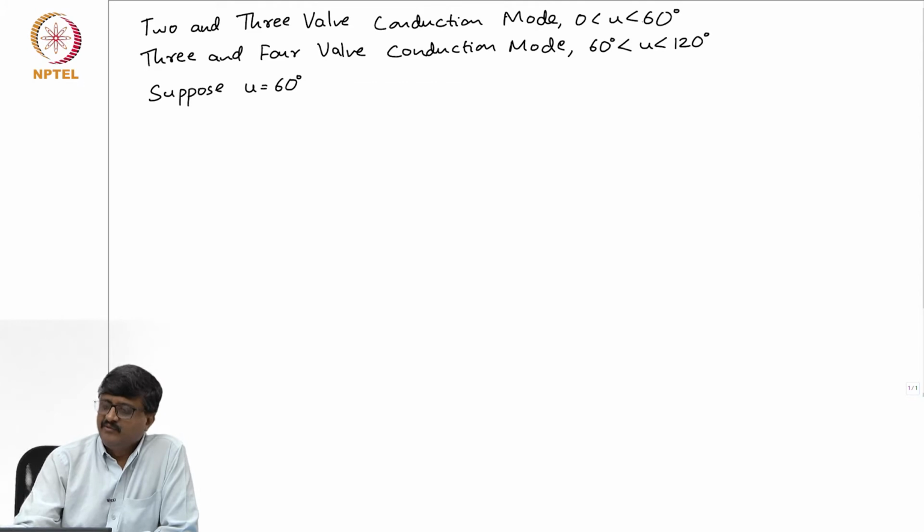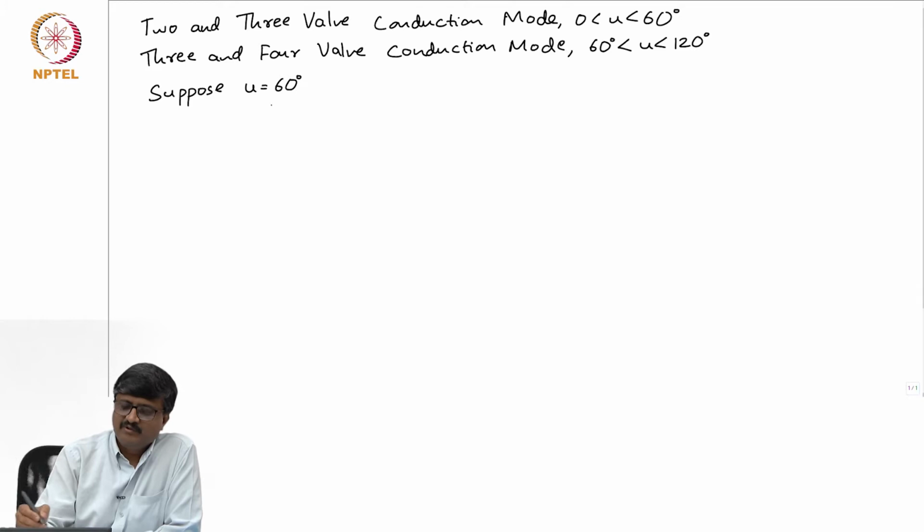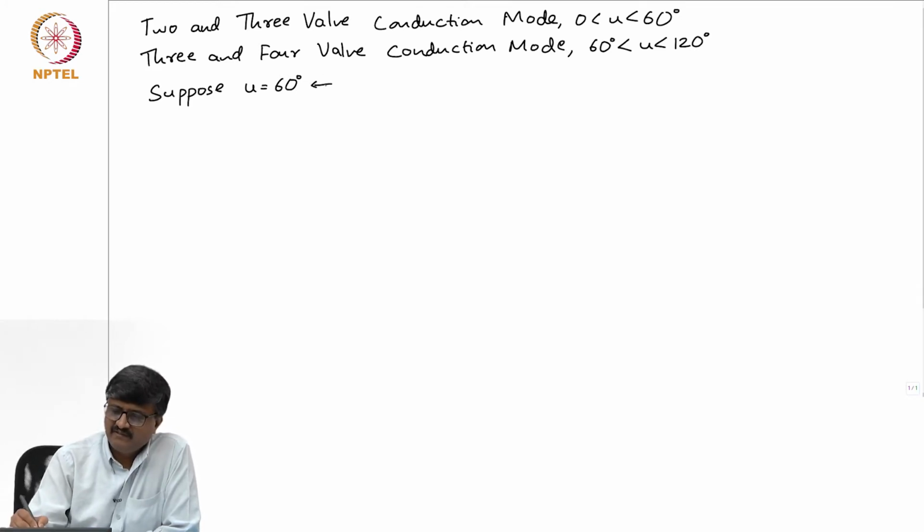If U is less than 60, at any instant either 2 valves conduct or 3 valves conduct. If U is greater than 60, at any instant either 3 valves conduct or 4 valves conduct. When U is exactly 60, then at any instant we have only 3 valves conducting. So what we get for U equal to 60 is 3 valve conduction.